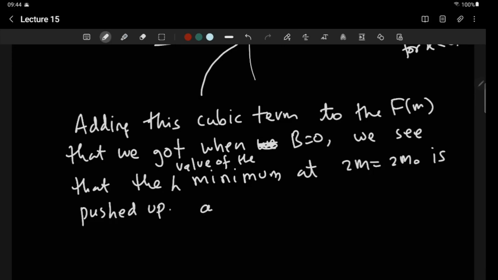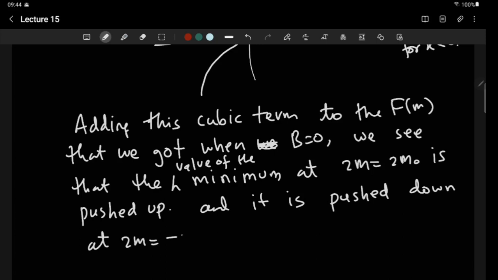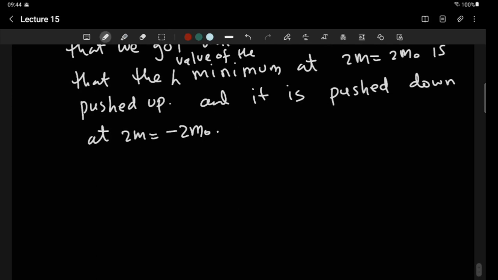And it is pushed down at m equal to minus m naught. So what does this mean? It's not symmetric anymore. Okay.